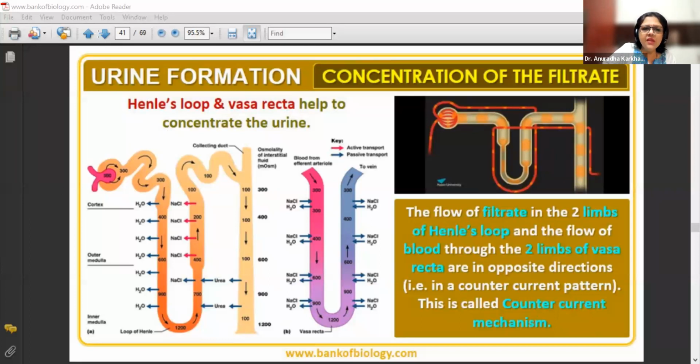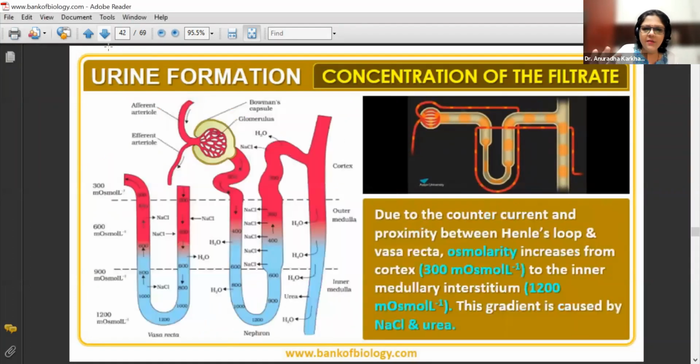So this is going to be something which needs to be understood very precisely. That is what is the countercurrent method. So again, here they have given, see, look at this particular content. Due to the countercurrent and proximity between the loop of Henle and the vasa recta, osmolarity increases from the cortex, which is 300 milliosmolar per liter, to the inner medullary interstitium, which is 1200 milliosmolar per liter.